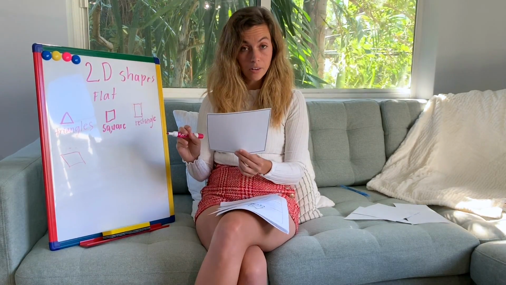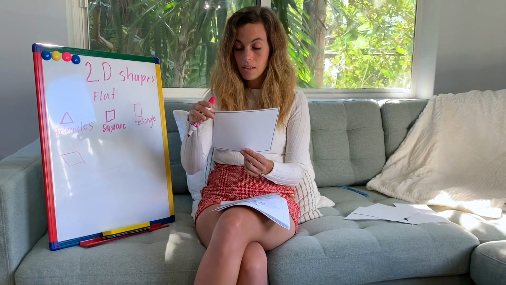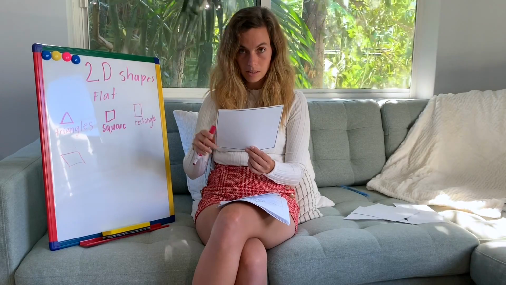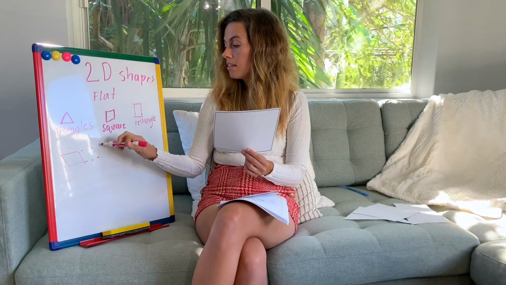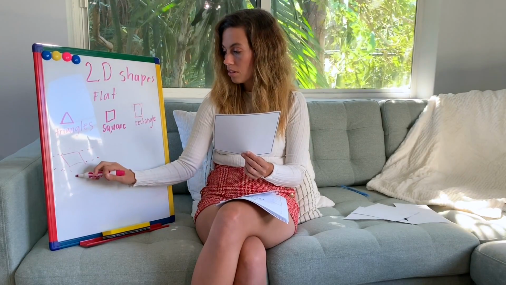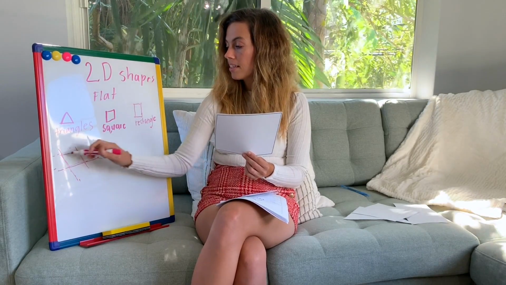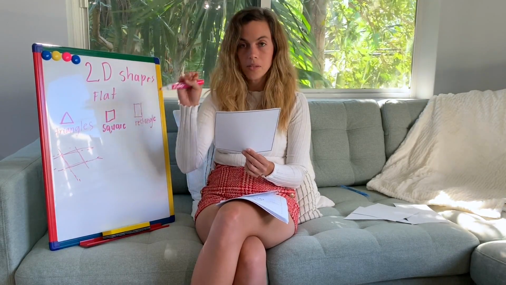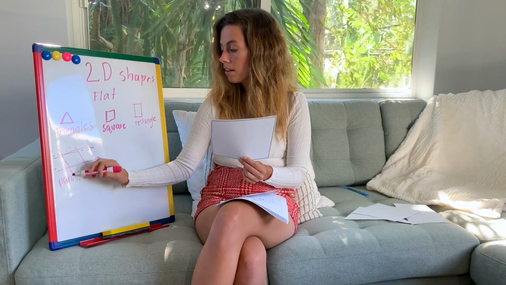So a parallelogram has two sides that are parallel, and then the other two sides are parallel as well. So what that means is if I were to extend these lines out forever and ever, they would never cross each other. So these lines will never cross each other, and these lines will never cross. They will always keep going straight. This is a parallelogram.